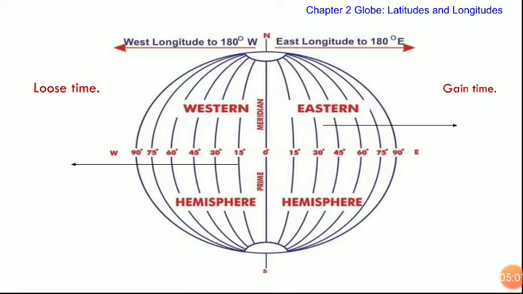Time at any location in the world is calculated on the basis of its distance from the prime meridian. The local time is the accurate time for the prime meridian and is called the Greenwich Mean Time. Now, Greenwich Mean Time is on the prime meridian, so it is at 0 degree. Now, where is it situated?